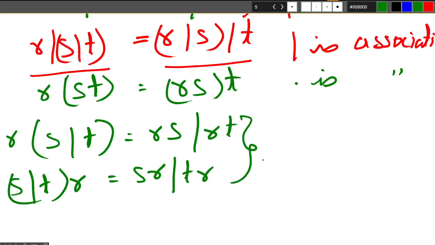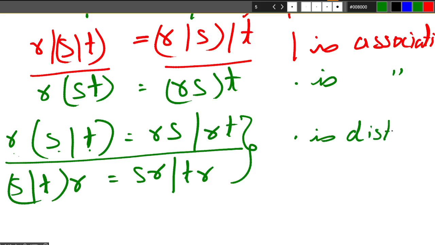Is it possible? Yes, it is possible. You can write a regular expression like this. If you have three regular expressions and this is the form, you can distribute it accordingly. So you can say that the concatenation operation distributes over the OR operation.